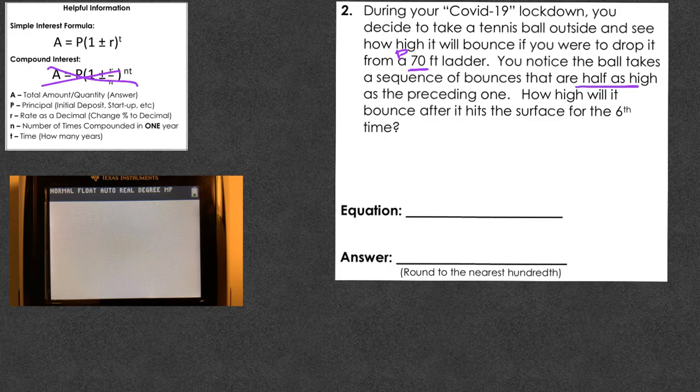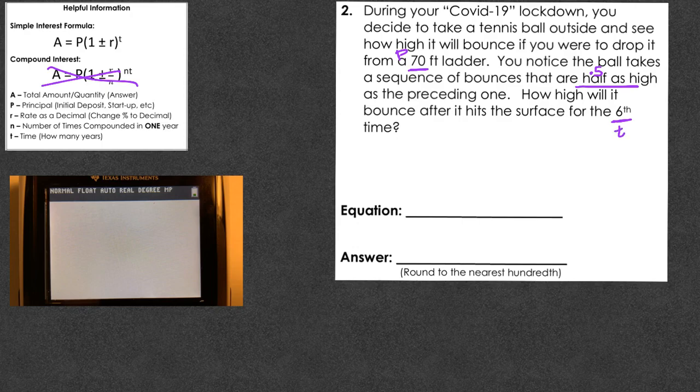So half of something would be 1/2, or in decimal form, we could say that would be 0.5. That's the rate at which it's bouncing. Notice this is not a percent. It's already done as a decimal for us. How high will it bounce after it hits the surface for the 6th time? That would be our time indicator.